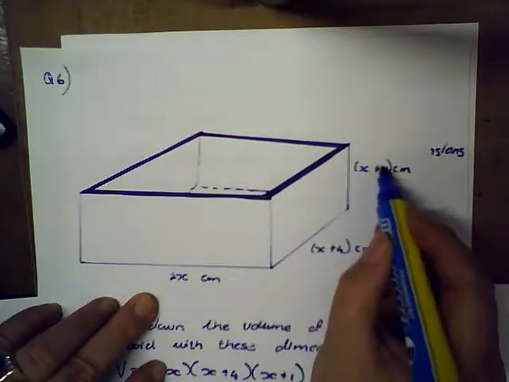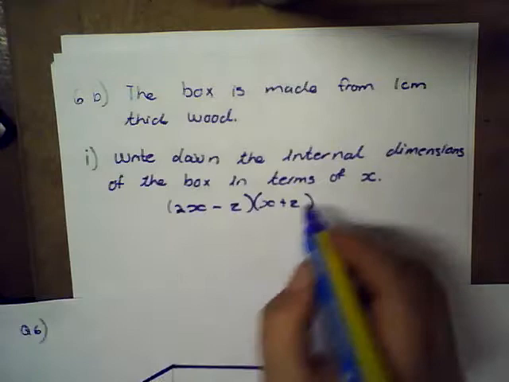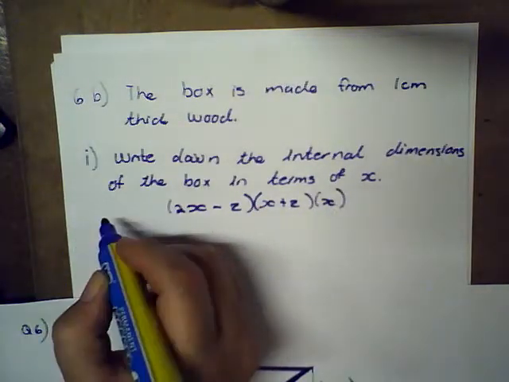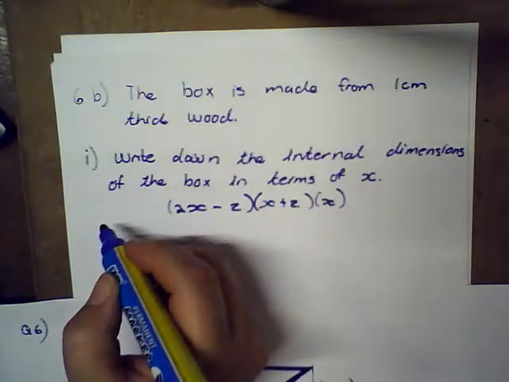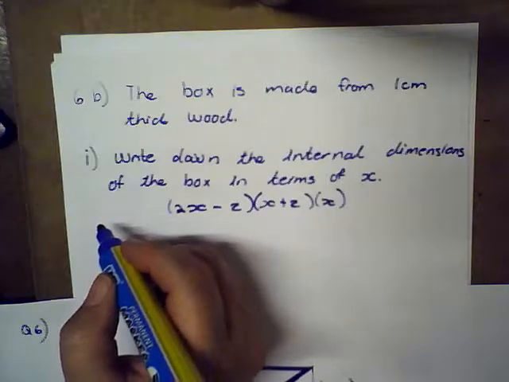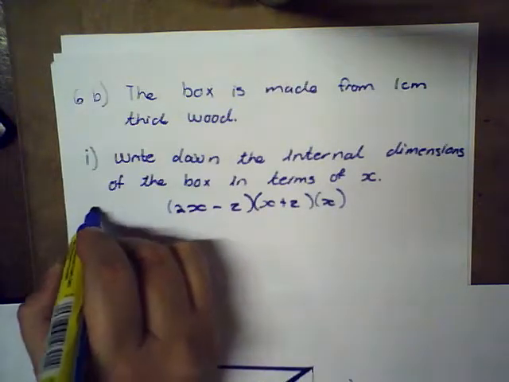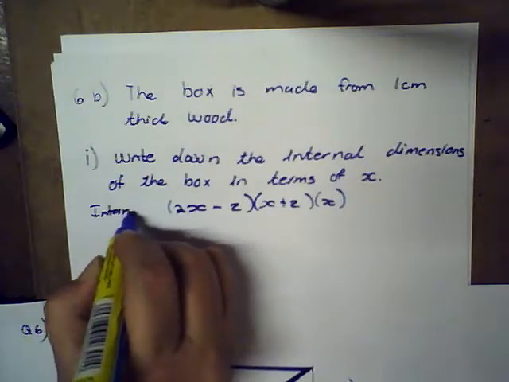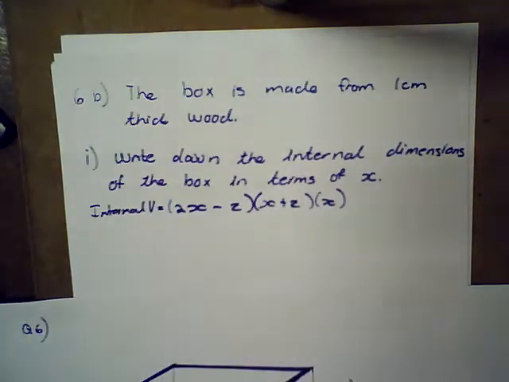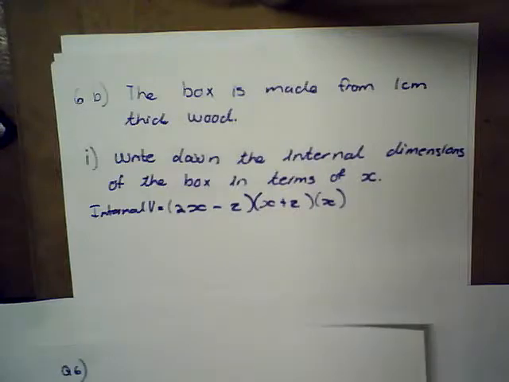So that will change to x. Okay, and this is the dimension of the internal area of the box. Okay, so that's the dimensions. So the internal volume, okay, of all dimensions of the box.